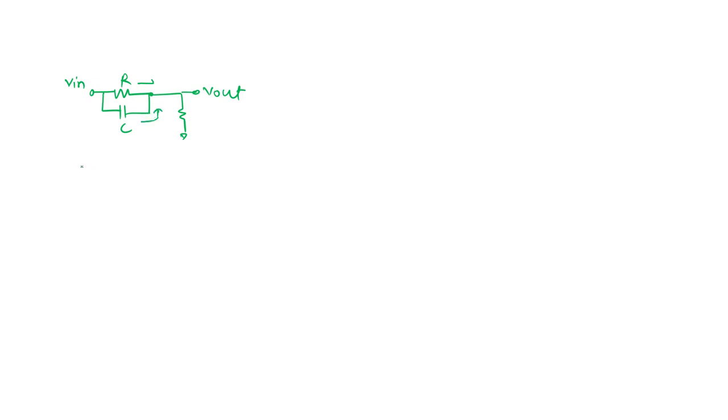So what we generally do is make Vout 0, and write (Vin minus Vout) by R plus (Vin minus Vout) times CS equal to 0. These are the two currents, summing to 0.